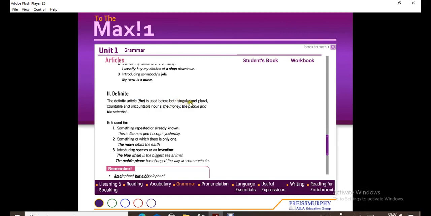For example, the money and the people and the scientists are all the same, whether countable or uncountable, singular or plural. It doesn't matter.